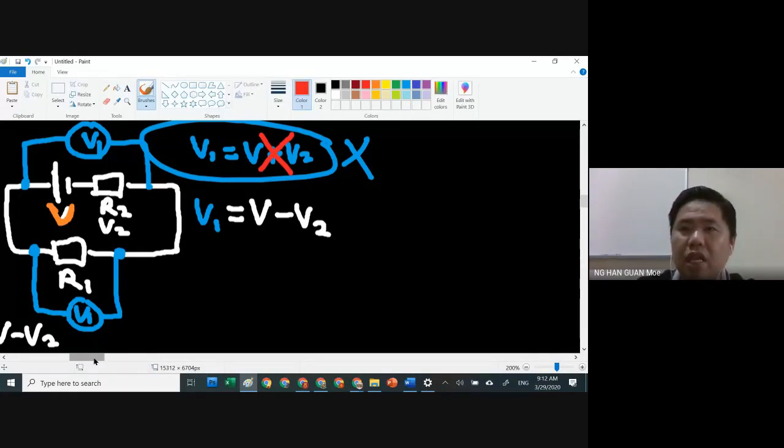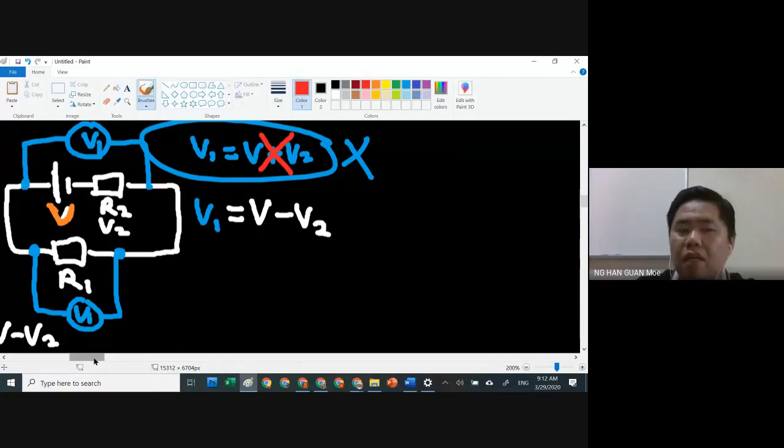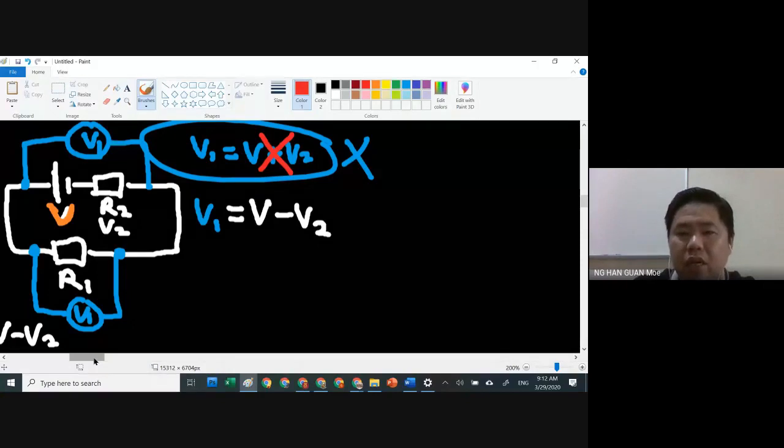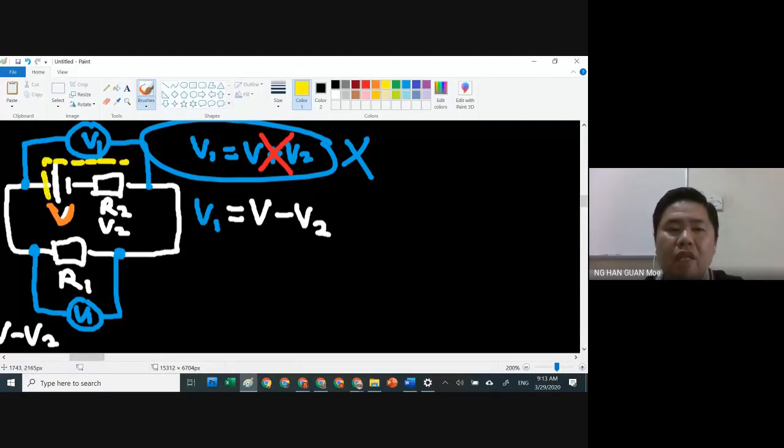We only measure the result when you switch on the circuit, after the circuit overcomes the internal resistance. So that's why we try to understand this as what happens in the battery. So it becomes like this.